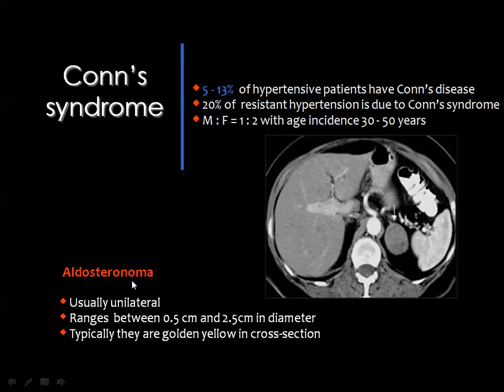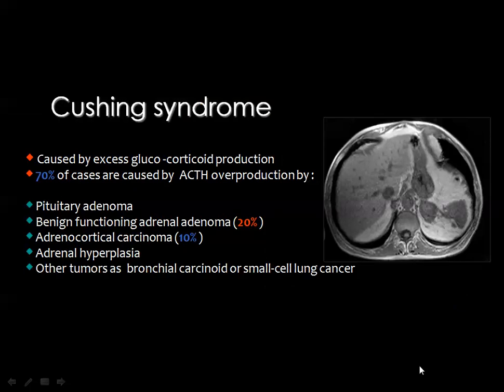Aldosteronoma, meaning that the adrenal adenoma which is secreting aldosterone, is usually unilateral, and it ranges between half centimeter and 2.5 centimeter. And if you cut this adenoma, the cross section will be golden yellow, meaning that it is rich in fat.